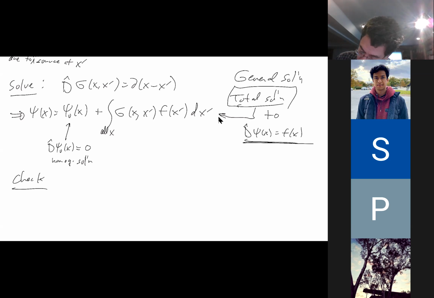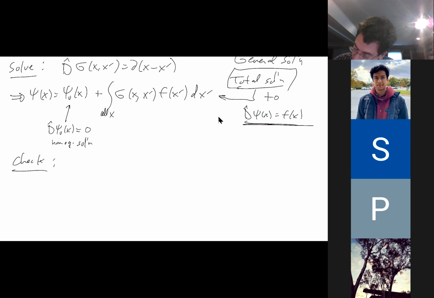Check. It's really easy. We just plug right in. Let's plug it into D psi equals f and see what happens. See if it works. So let's hit that thing.